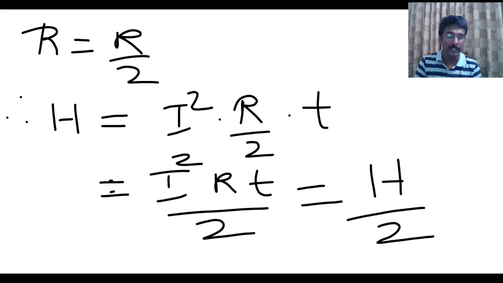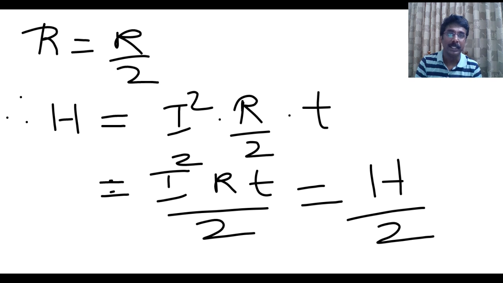Next, we can see R became half. Then R became half in H equals I square RT, we get I square into R by 2 into T. Then H equals I square RT by 2. I square RT is H, so H equals H by 2.